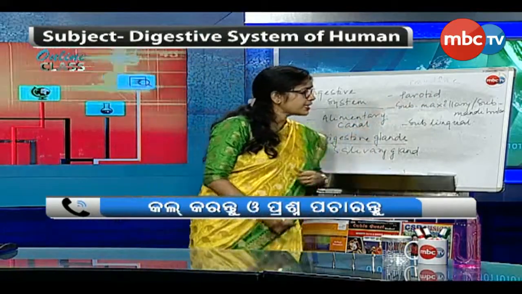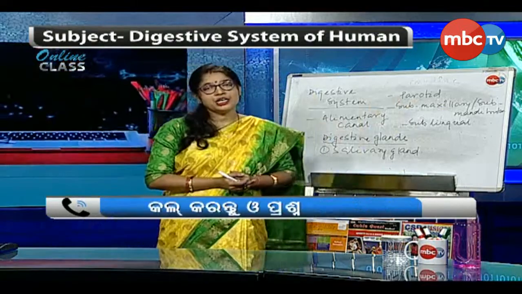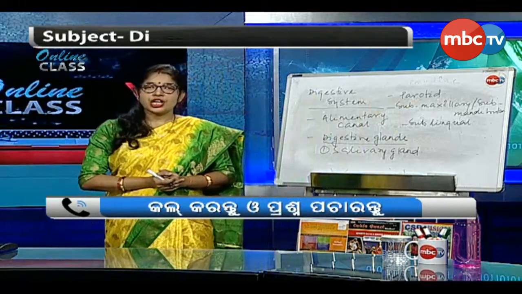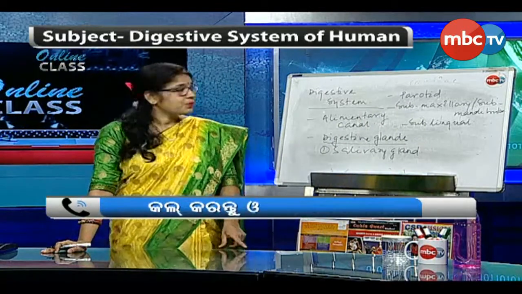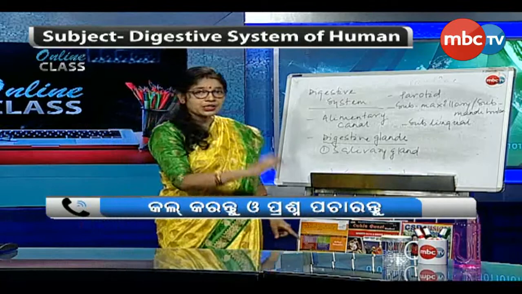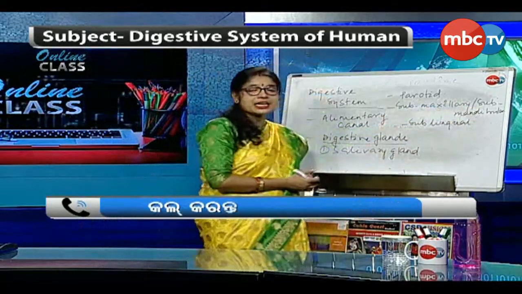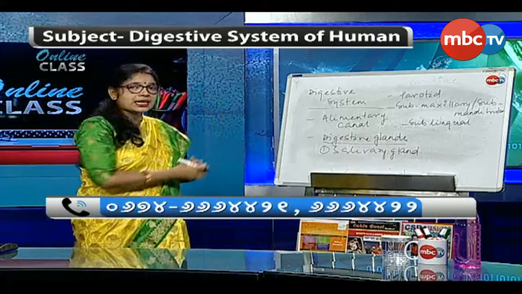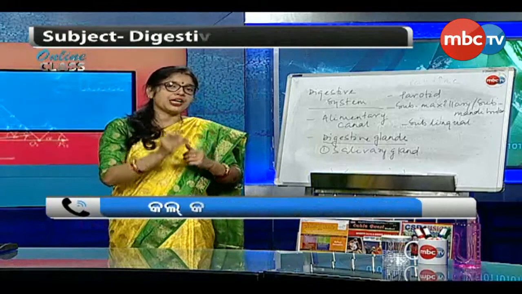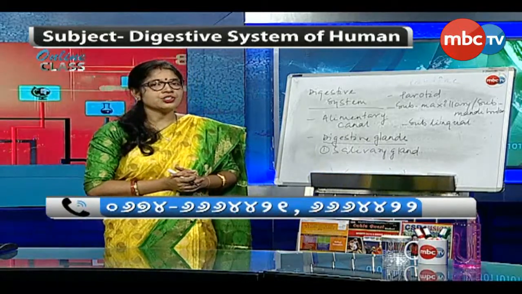The second one is submaxillary or submandibular salivary gland, whose position is just below the jaw, that is mainly the lower jaw. Behind or below the lower jaw, the submaxillary or submandibular salivary gland is present, and the secretion of this gland is carried into the buccal cavity through another duct, known as Wharton's duct.